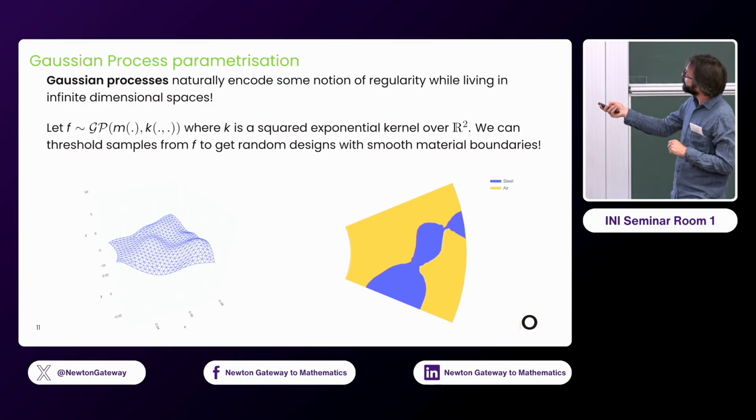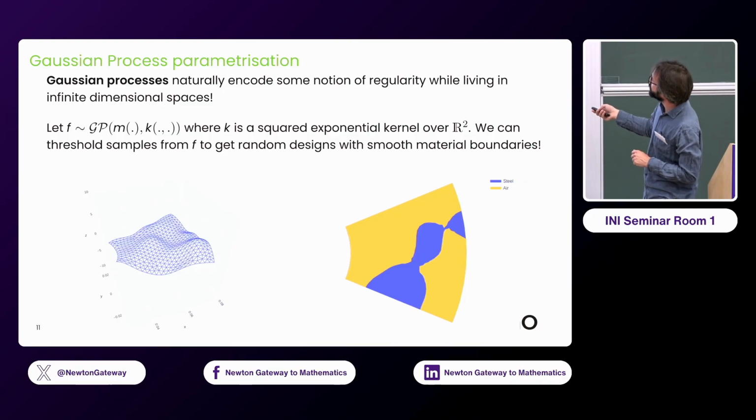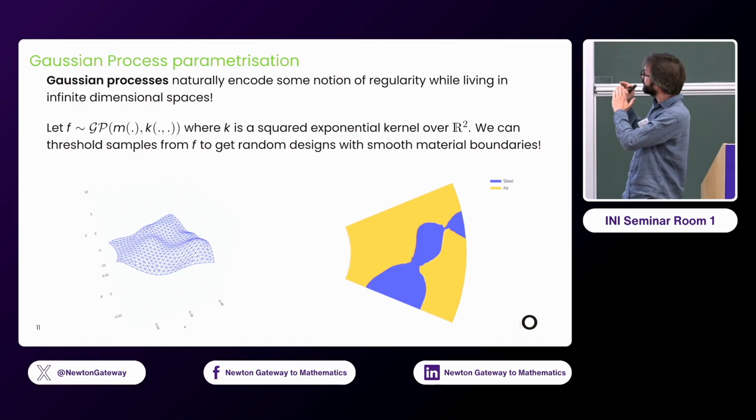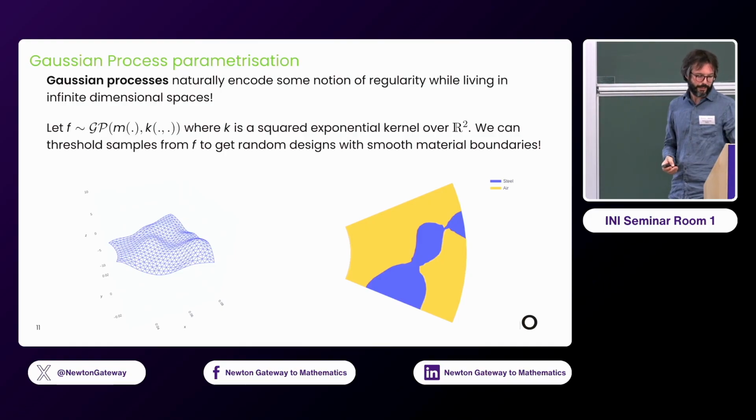If the value of the GP is positive, I end up with air, and when the value of the GP is negative, I end up with steel. So that's one way for me to get lots of degrees of freedom, but still retain some smoothness in the boundaries between materials.